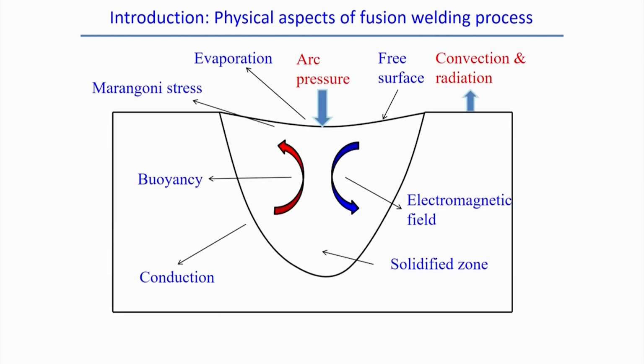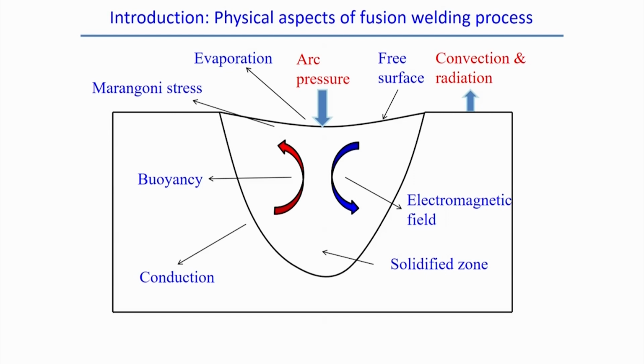Now, if we focus specifically on the weld pool, what are the different driving forces acting? Of course, there is heat conduction within the molten pool, and at the same time outside of the solid liquid interface, but at the same time there is a flow of the molten material.